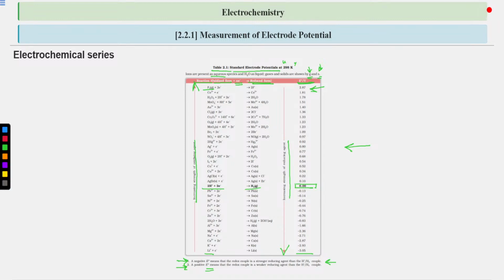Okay, so we are saying if the E naught value is negative, that means that redox couple will be the stronger reducing agent than the H positive H2 couple, right? But if we are having a positive E naught value, that means that redox couple is a weaker reducing agent than this H positive H2 couple. Okay, so we are comparing with this couple because the E naught value for this is considered as 0.